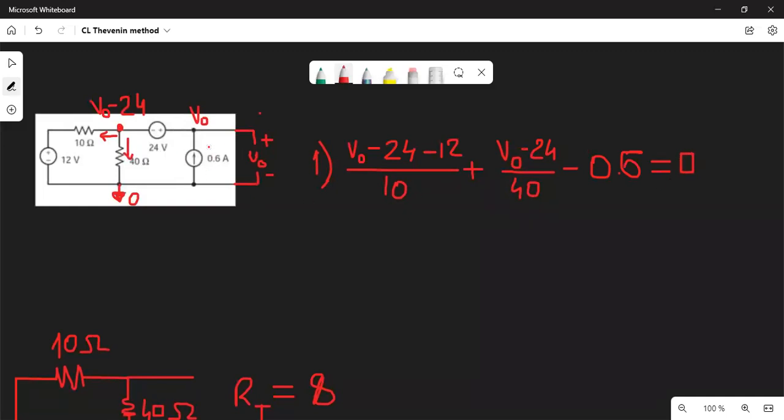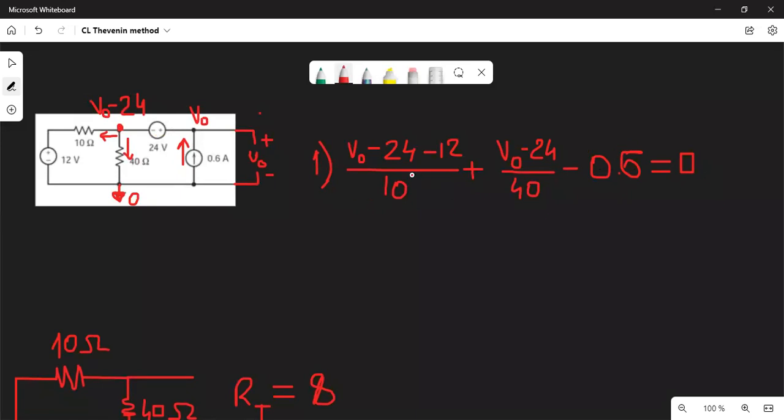So we also consider, as we have said above, this independent current source, because we're considering those two nodes, V0 minus 24 and V0, together. And why do we take minus 0.6 here? Because it's entering, not leaving this node. That's why we should use minus 0.6 here.